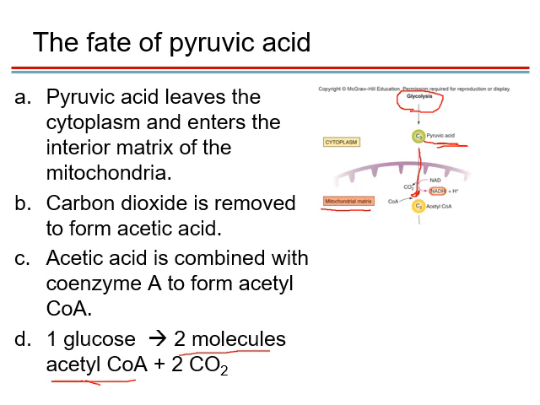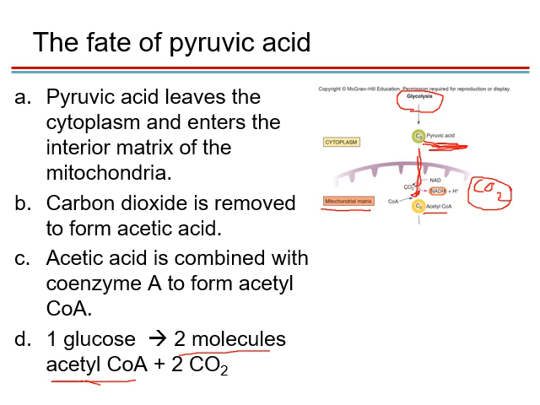A molecule of CO2 is being produced. You can see pyruvic acid is 3 carbons. Ultimately we're going to convert pyruvic acid to acetyl-CoA. First, we're going to remove a carbon, and whenever we remove a carbon, we produce CO2.